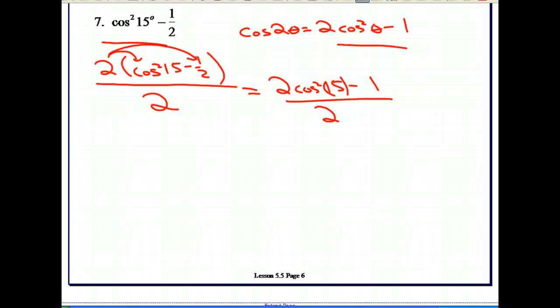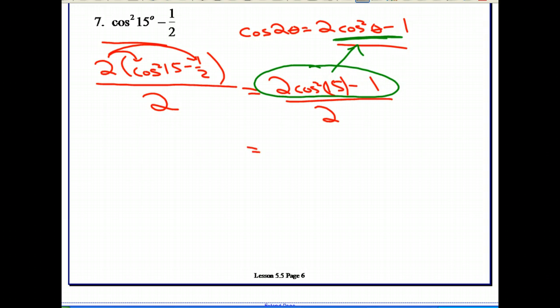Now look, this top is a perfect match: 2 cosine squared minus 1. So I'm going to take out that top, leave the bottom as 2, and put in the left side the cosine of 2 theta. Wait a minute, theta is 15, so it's a cosine of 2 times 15. It's a cosine of 30 degrees, still over 2.